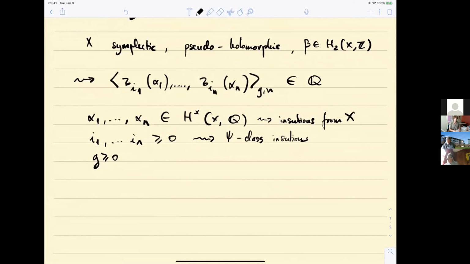Now, it has been traditional to assemble these invariants together.